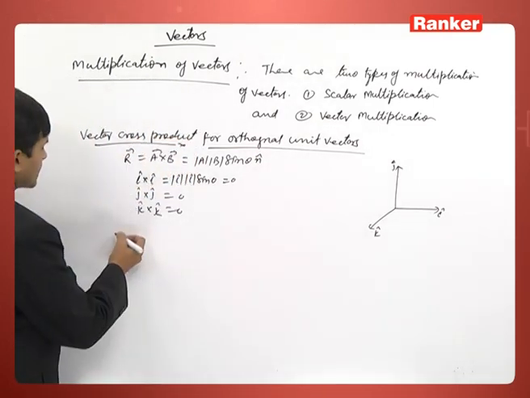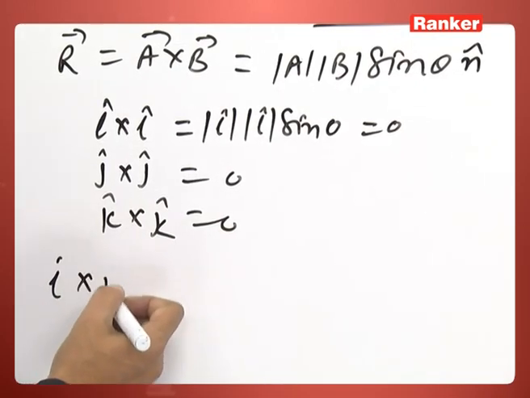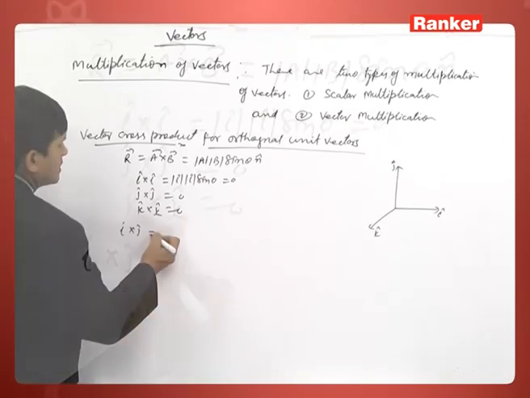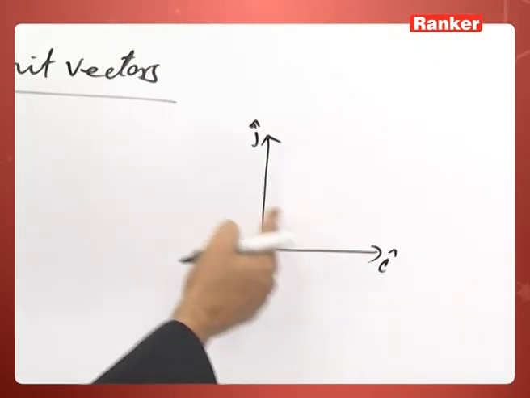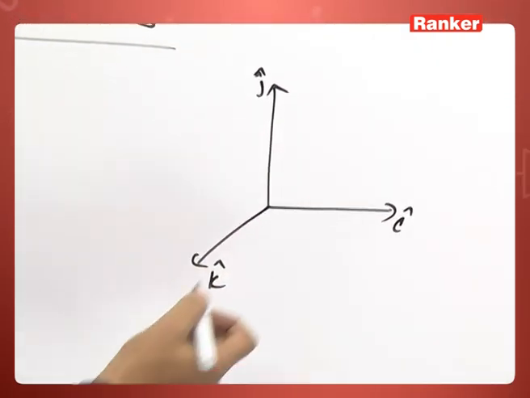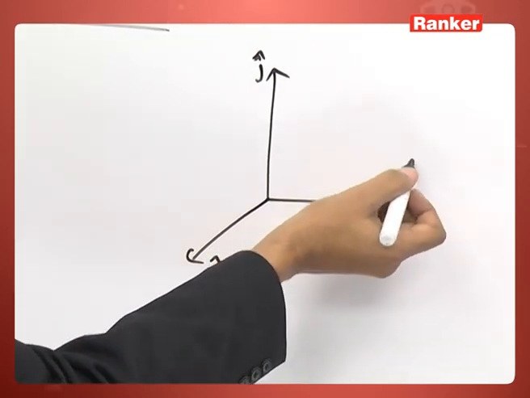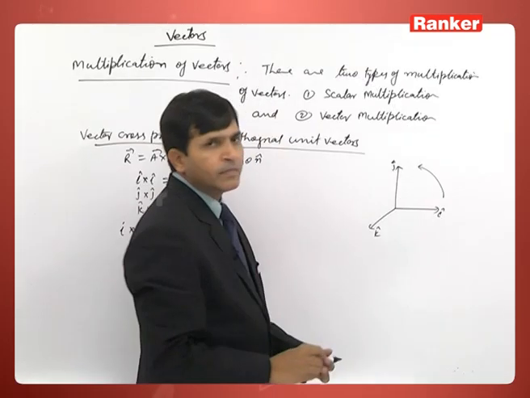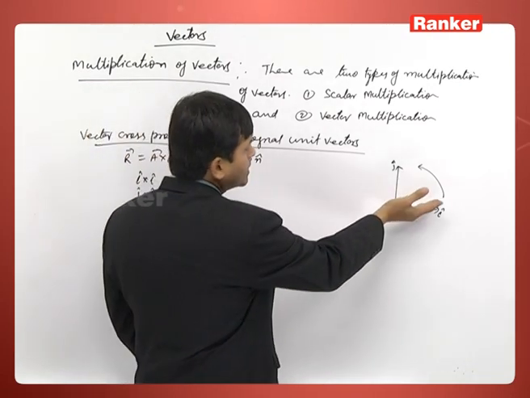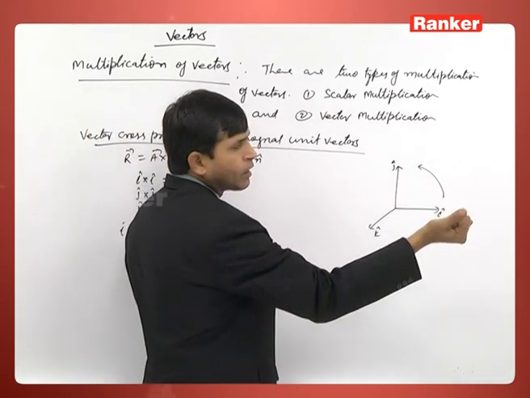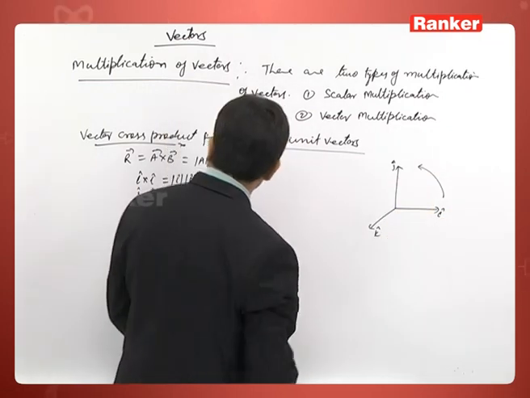But when we consider i cross j, this is your i direction, this is your j and k is this. It means we have to go from i to j using the right hand thumb rule. By the right hand thumb rule, the direction is along k cap.